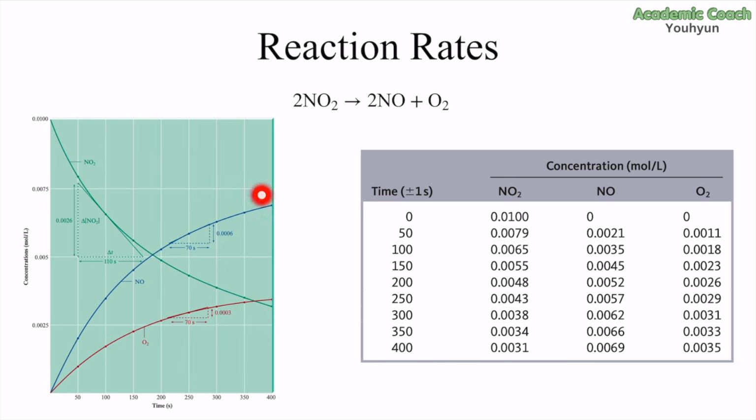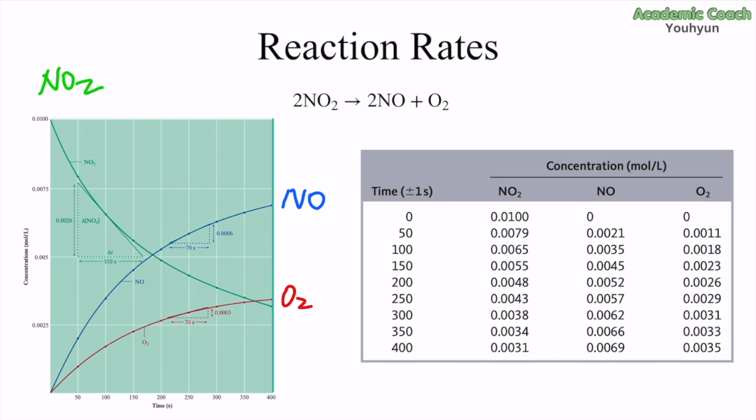Obviously these two curves represent products because they start from zero and increase over time. And since nitrogen monoxide and oxygen have a molar ratio of 2 to 1, the blue one up here represents nitrogen monoxide, and the red one down here represents oxygen. And this green curve that decreases over time from its max value must represent nitrogen dioxide, the reactant.